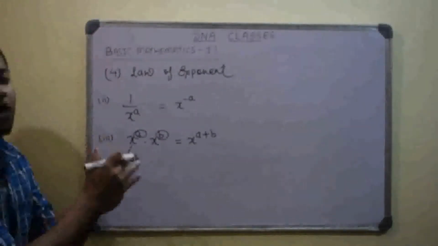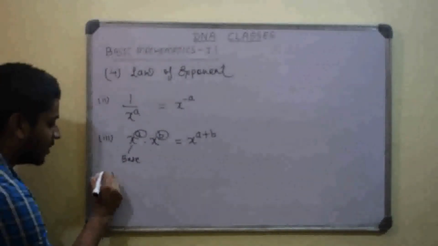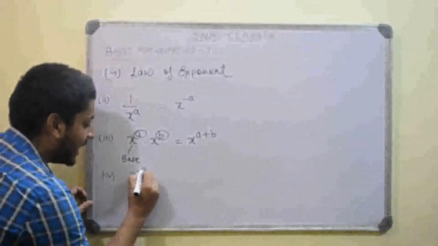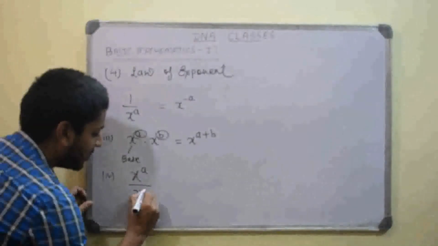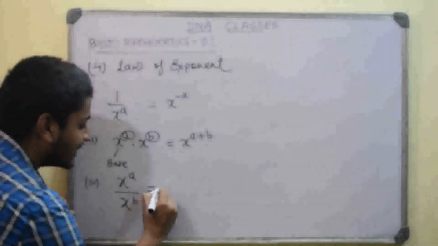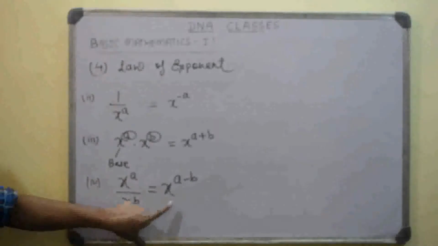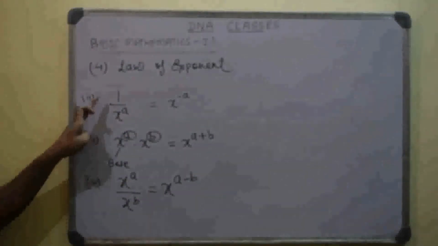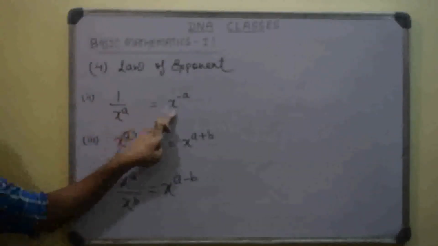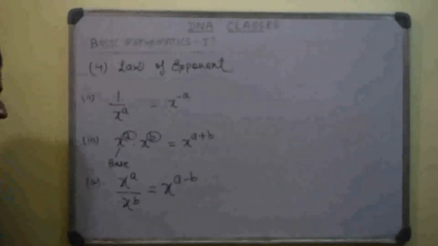Now we have the fourth law, that is x to the power a by x to the power b can be written as x to the power a minus b. Now what we have seen in the second law, that 1 by x to the power a can be written as x to the power minus a.